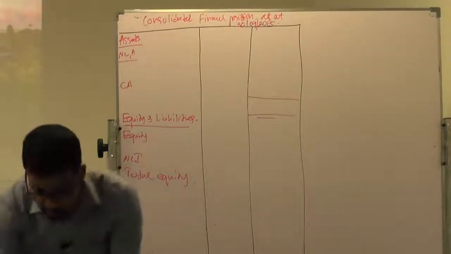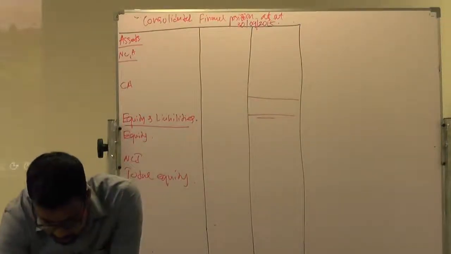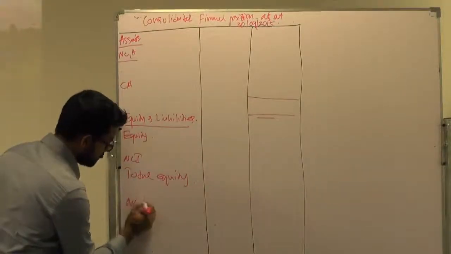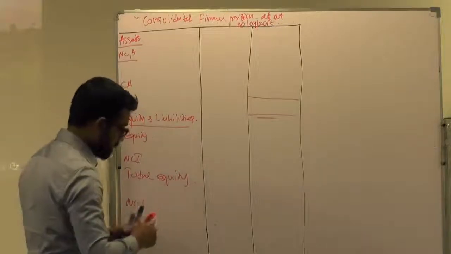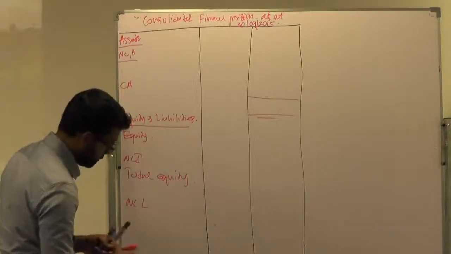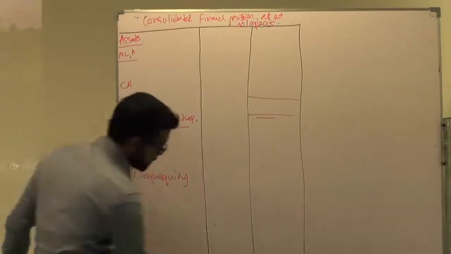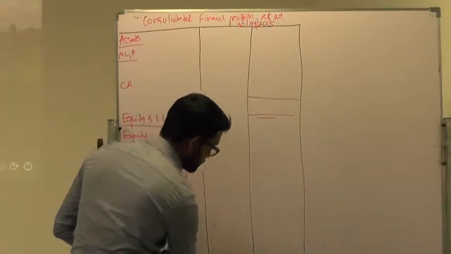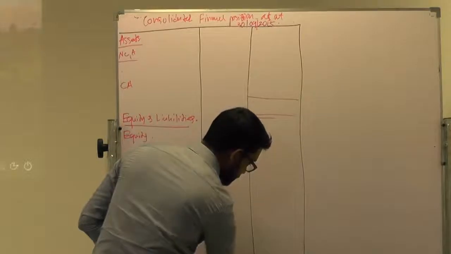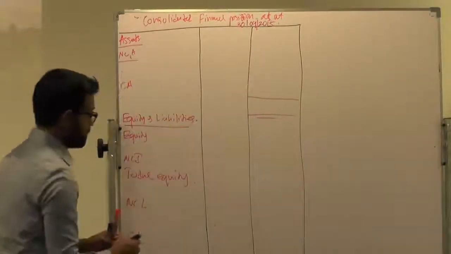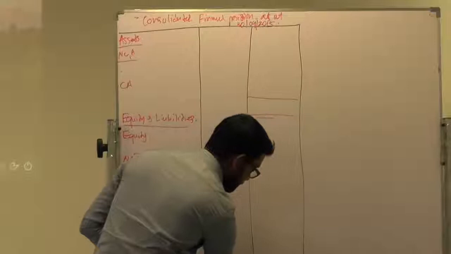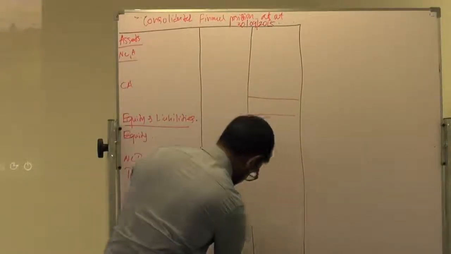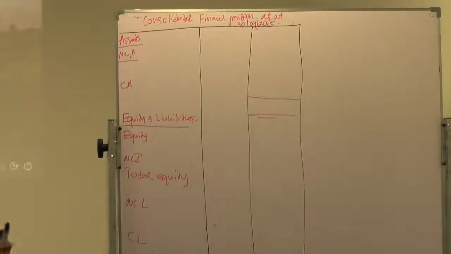In this case, do we have non-current liabilities? Yes, we have. And finally, current liabilities. So at the end, you have the balance. Right, fine. So this is the format.